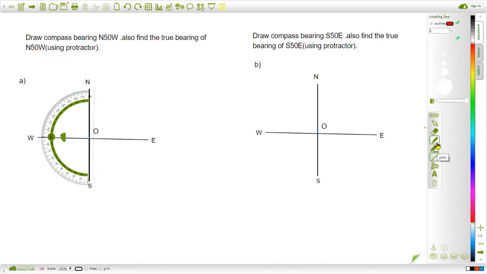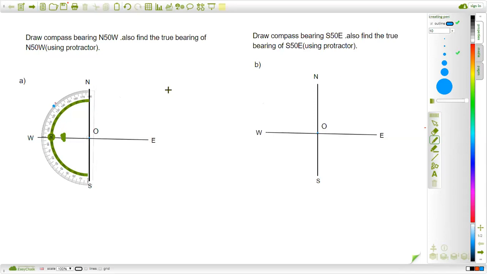First of all let's mark the point at 50 degree: 0, 10, 20, and where is the 50 degree? With the north pole, this is 50 degree. Let me make the size of this point a little bit large.